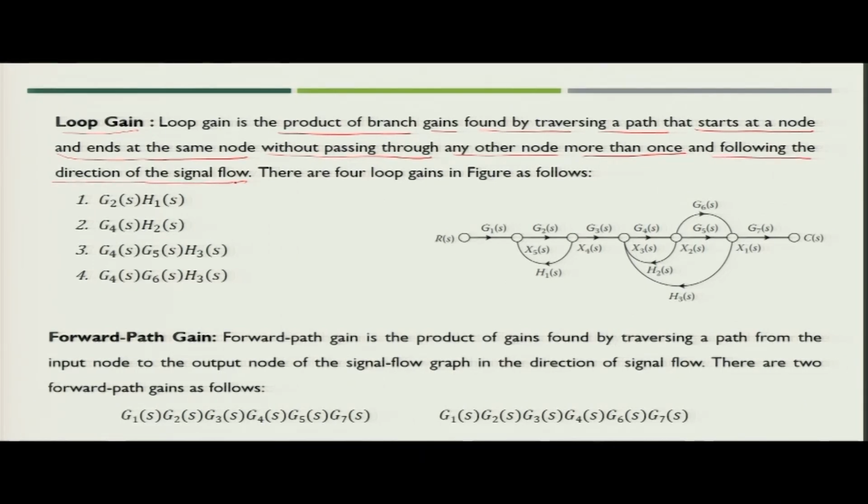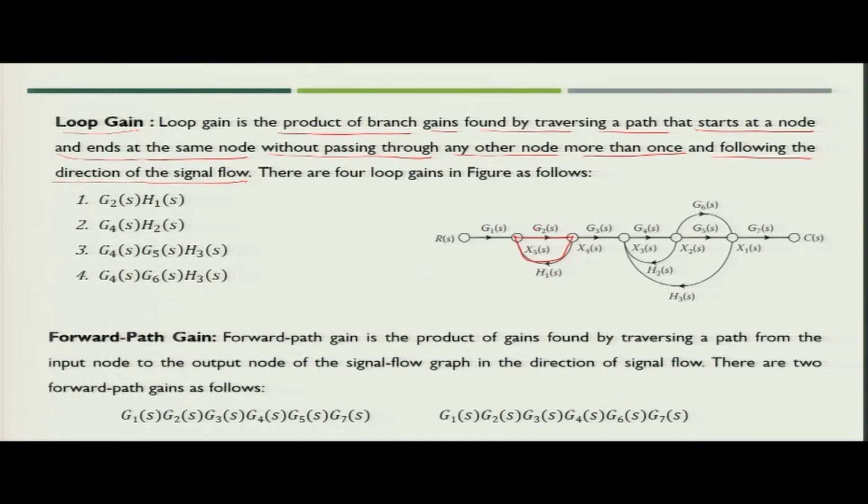So, that means if you are asked to find the loops, the first loop you will see as you travel in this fashion. This is one loop where you are starting from the same node and coming back to the same node without tracing the nodes more than once.